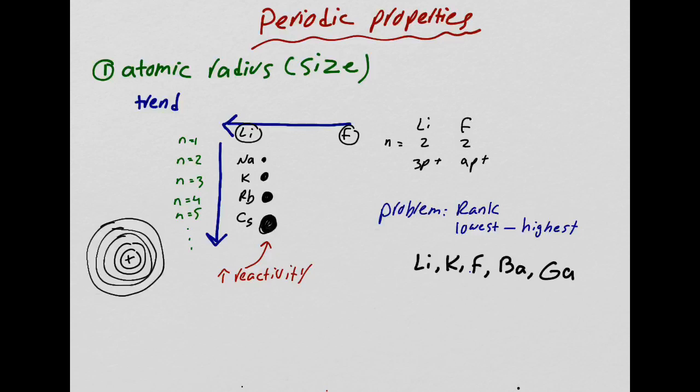Here's how you would do it. Every time I ask you to rank, I want you to draw the trend first. Before I rank it, I'm going to draw the trend, then put the elements relative to each other. For example, I know I have lithium here and fluorine on the same row goes over here.